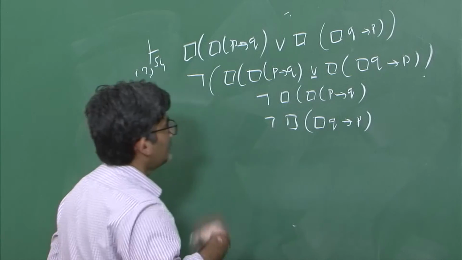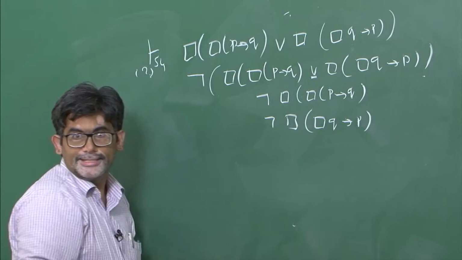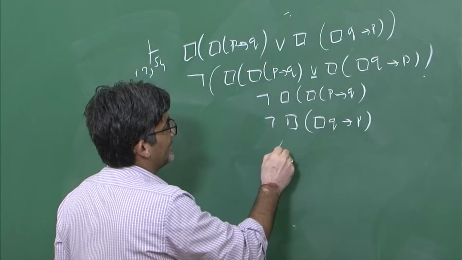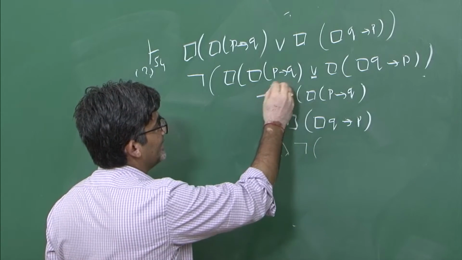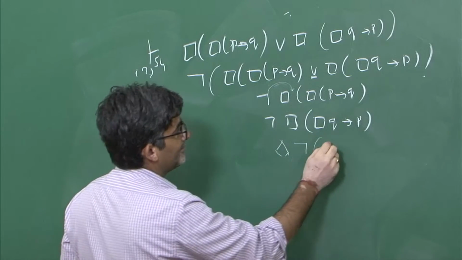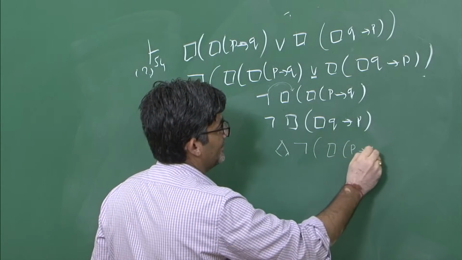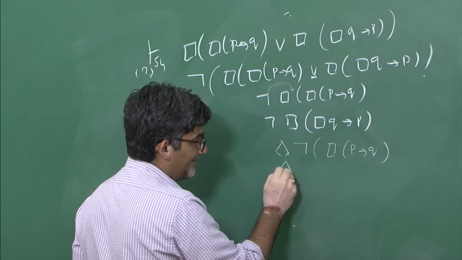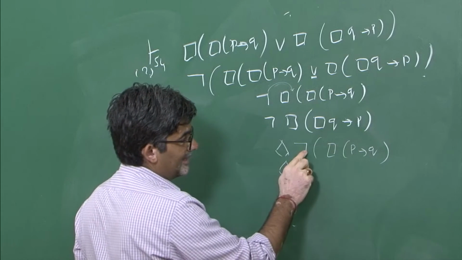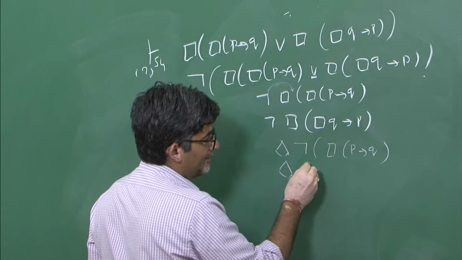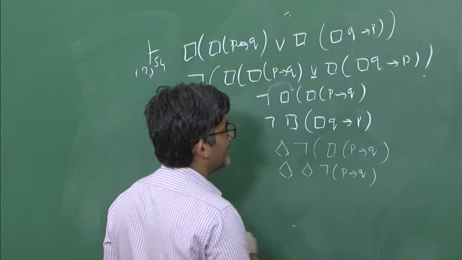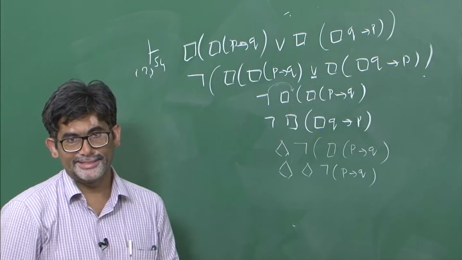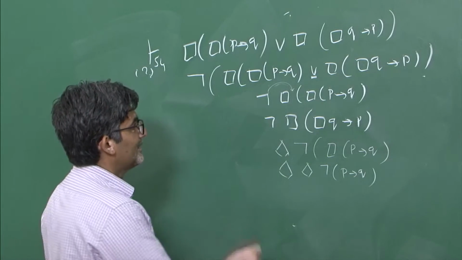Now negation of necessity is possibility, and then you need to push this negation inside. Negation of necessity will become possibility of not of P implies Q. The same thing we have simplified by using modal negation rules.